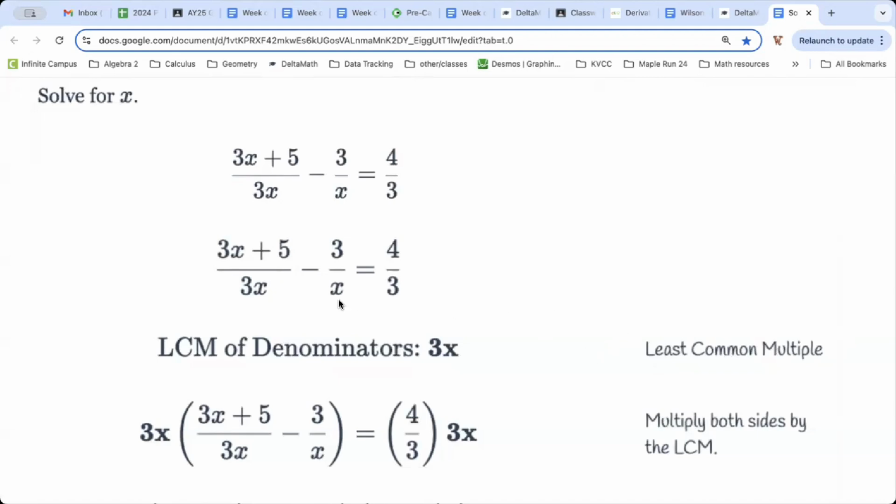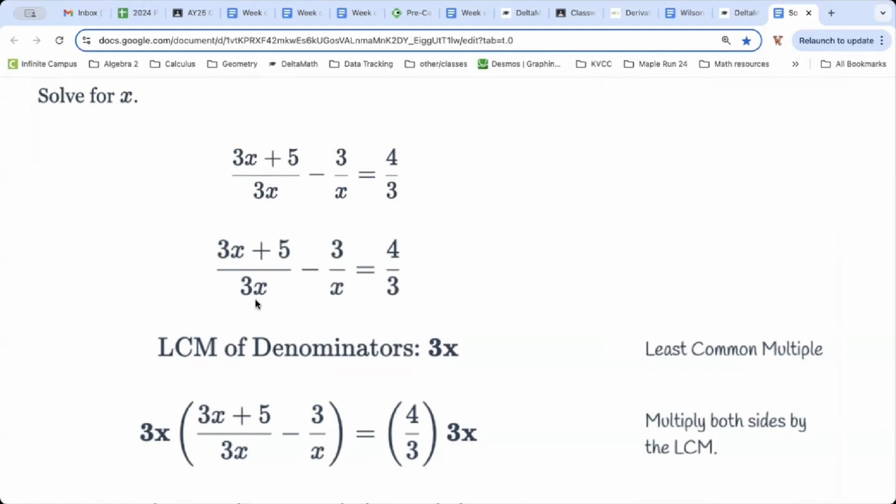And just think about this. x and 3x. So 3x times 1 is 3x. And 3 times x equal to 3x. And therefore, 3x is the least common multiplier. If you're not sure what to do, just multiply some of those denominators together.